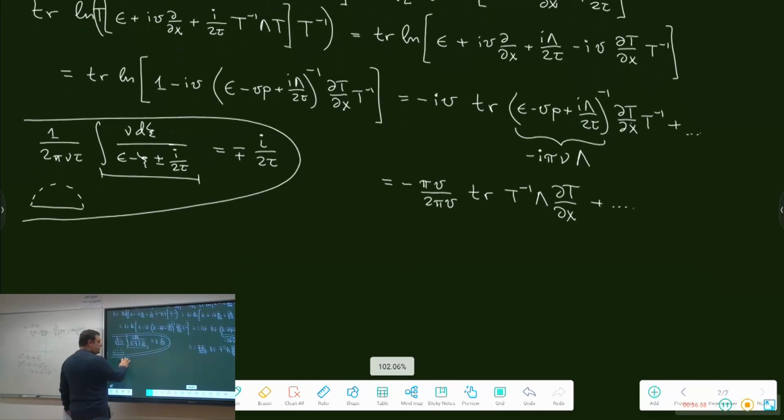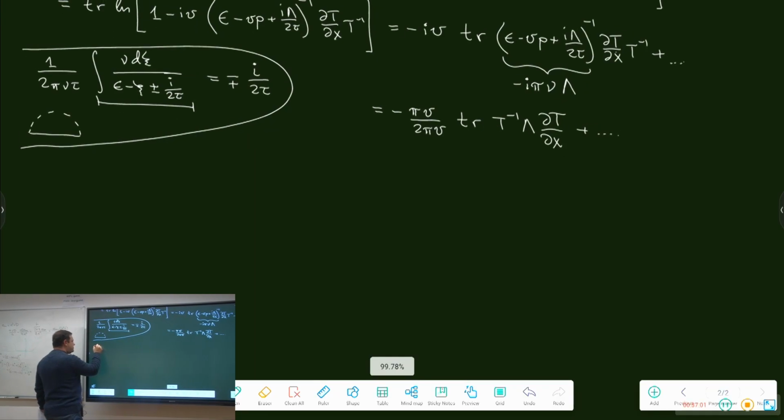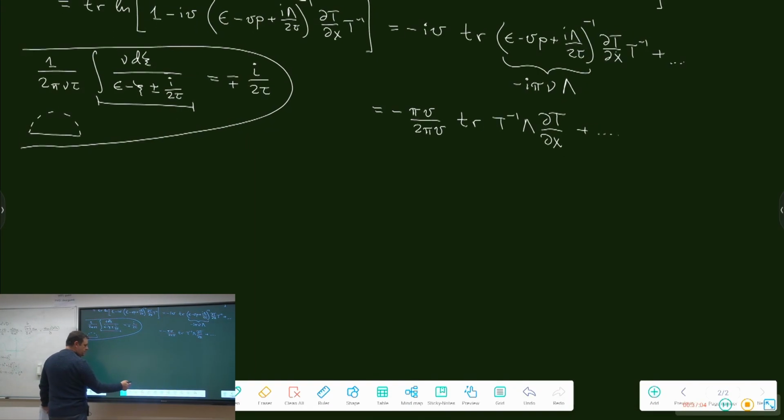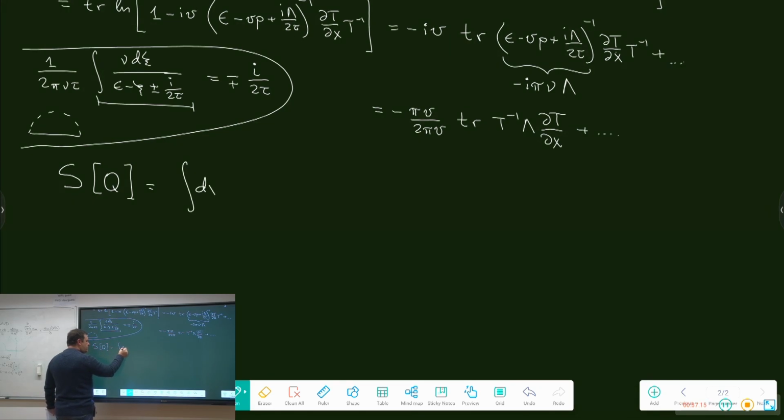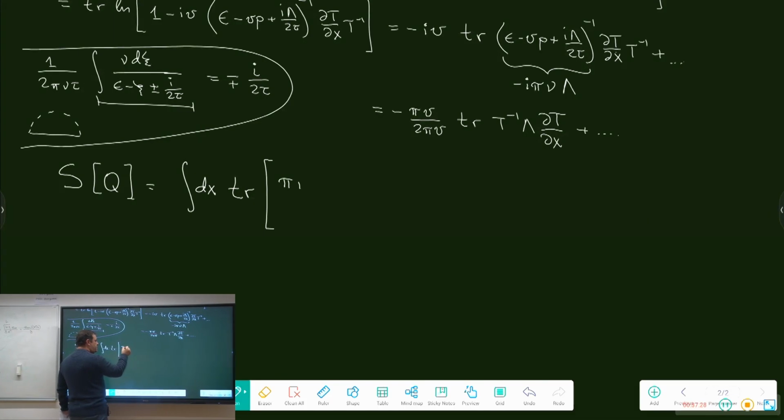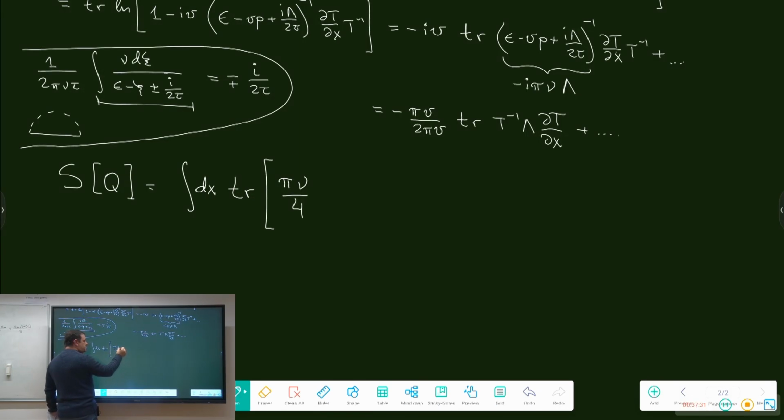So the true action is the integral over x, the one-dimensional action, trace, then inside the trace I have the quadratic term, which we usually write like pi nu D over 4 (dQ by dx) squared.